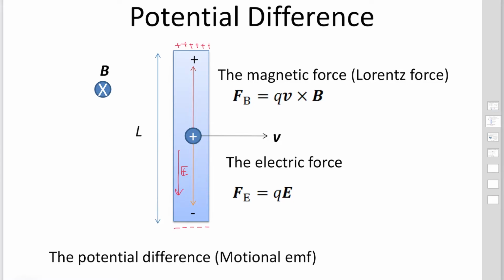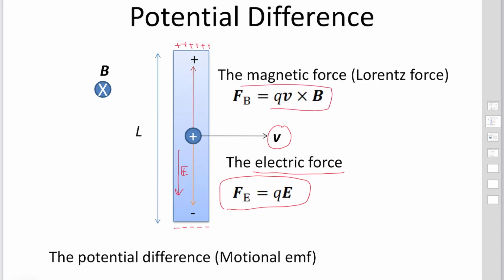Because of this electric field, the positive charge experiences the electric force. The electric force is acting on this positive charge, and the magnitude of the electric force is expressed as QE. Then the positive charge is moving to the right, following the motion of the slit wires. Then also the Lorentz force is acting.